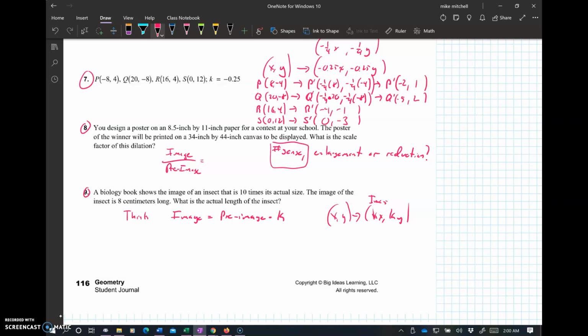The book shows an image, G's. Well, that's not my image, that's my K. The image is actually 8 centimeters. Plug those in, and you're going to get something like 8 equals X times 10. Divide, and you've got your pre-image.